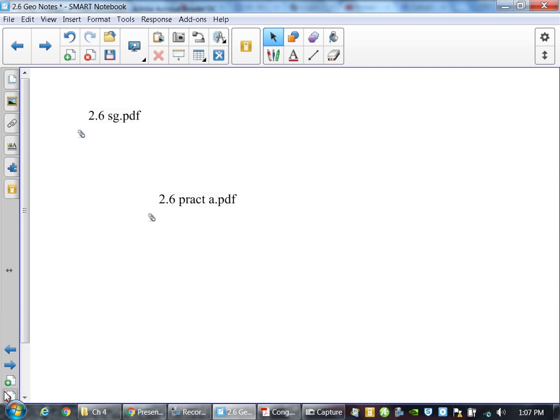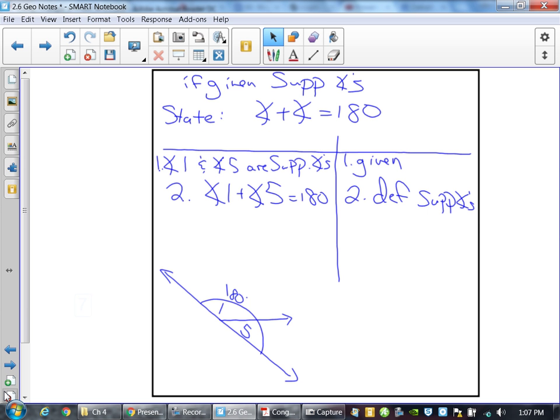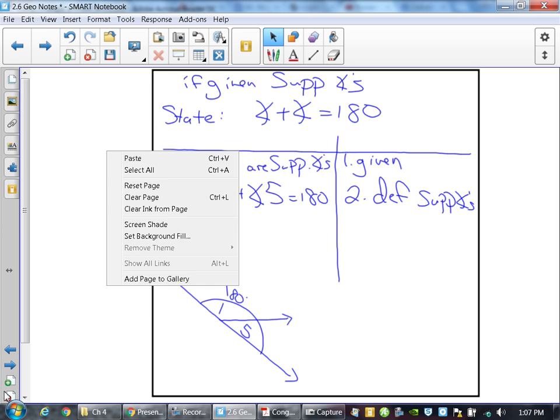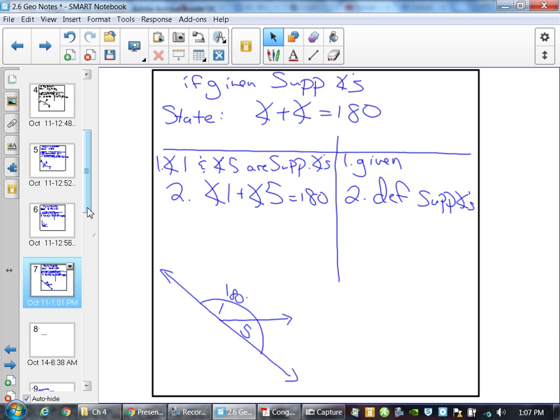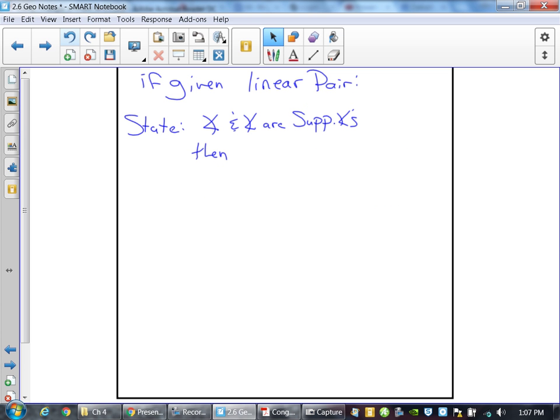So what we're going to do is switch from something that we didn't know anything about to something we know about. What do you know about supplementary angles?